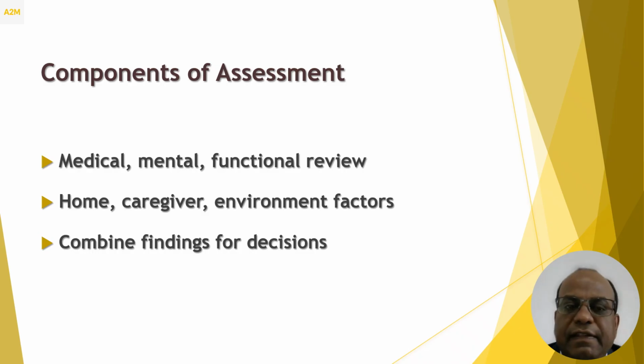So simple changes can prevent injuries. The goal is to put all these pieces together, and each part tells a story. When combined, we understand the person fully. This helps us create a plan that is safe, realistic, and centered on the patient's life.